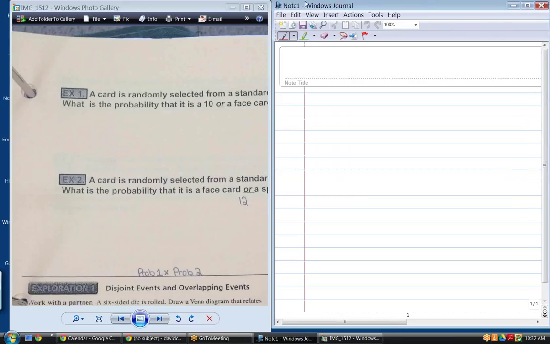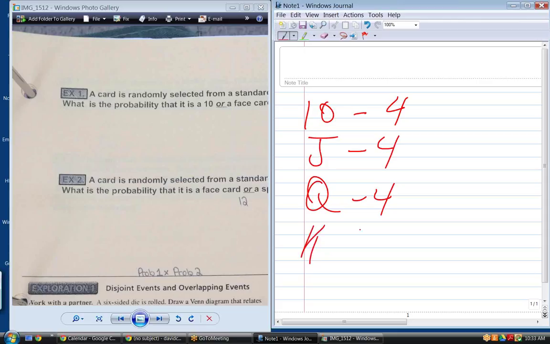So how many ways are there to get success? How many 10s are in the deck? 4. How many jacks? That's 4 too. Queens are face cards. Kings are face cards.